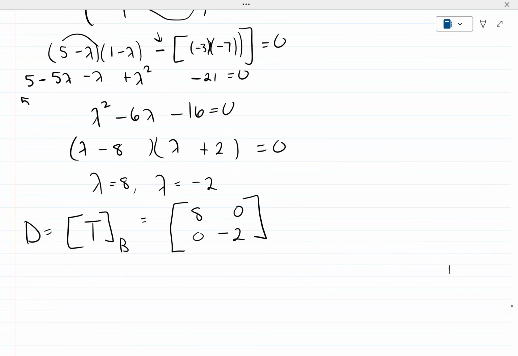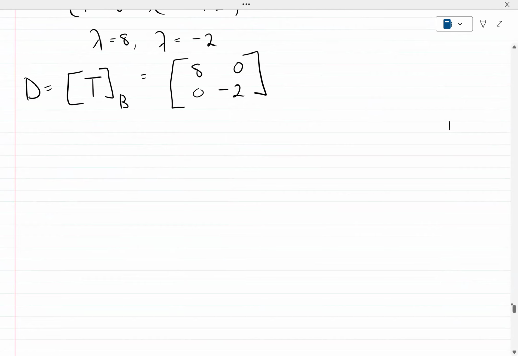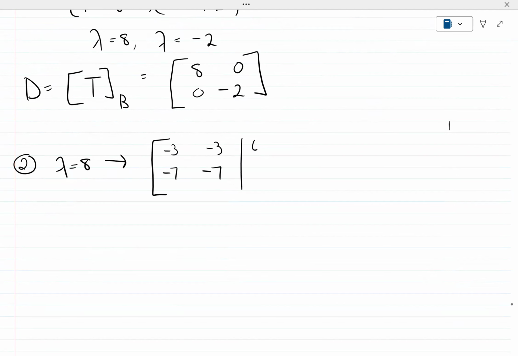Okay. Then what I'm going to do is step 2. I'm going to plug in when lambda is 8. Okay, so when lambda equals 8, I'm going to get this: -3 minus 7, -3 minus 7 augmented with 0.